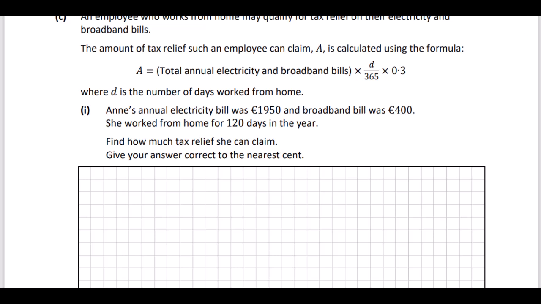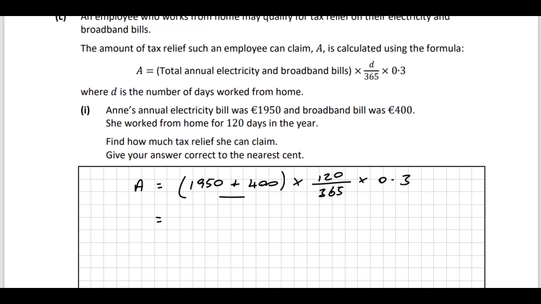So really all we've got to do is put these values into our formula. So A is going to be equal to the total electricity bill, which is 1950, plus the total broadband bill, which was 400 euros. And then we've got to multiply that by D, which was 120 days, divide that by 365 and multiply our answer by 0.3.